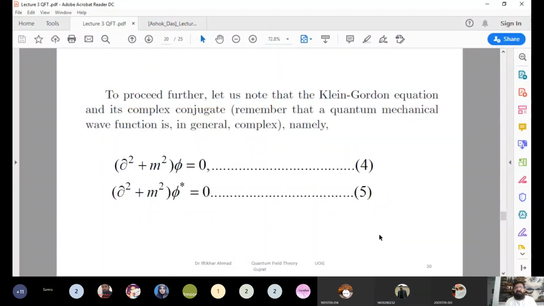For the process, let us note that the Klein-Gordon equation and its complex conjugate, here we are using phi as a complex function, a function of time and space. So we start from the Klein-Gordon equation. Let's start. I share with you the clipboard, how we can find the equation.